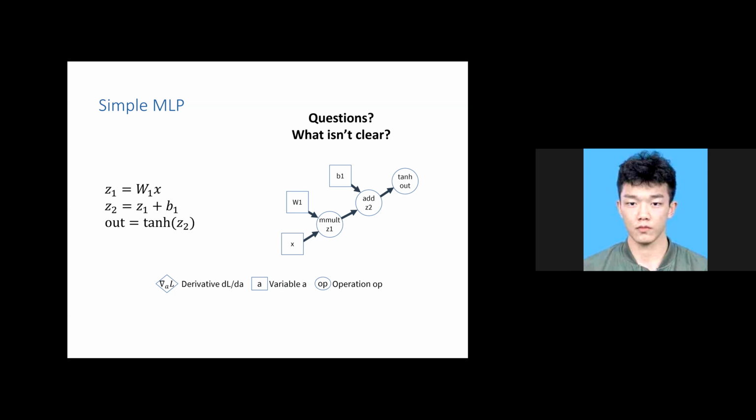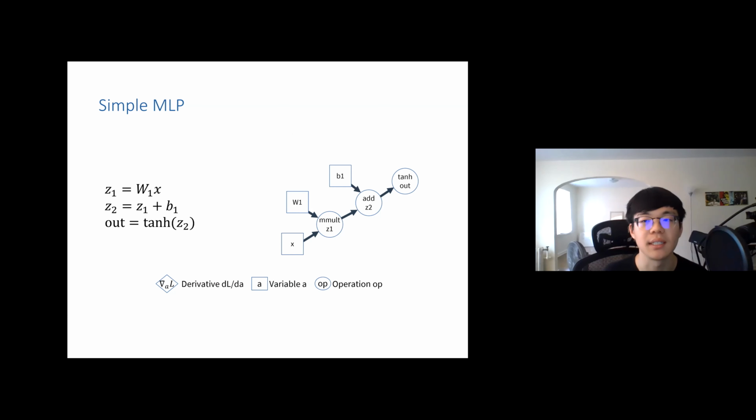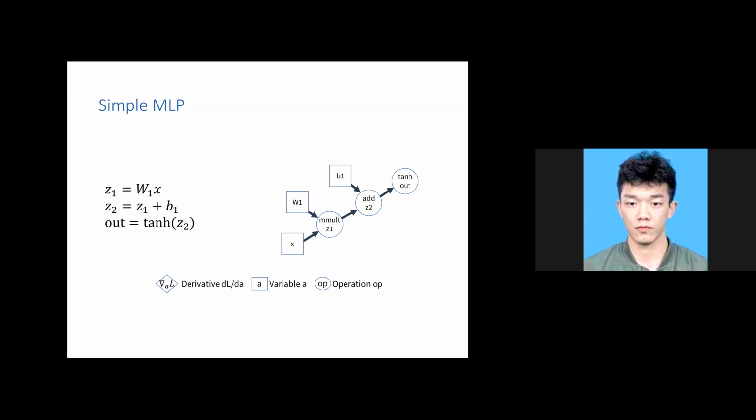Yeah. I got another question. Although Jacob said he will put more resources later, but I wonder, can you go back to the slide of matrix multiplication, which includes the equation of how to calculate the gradients?